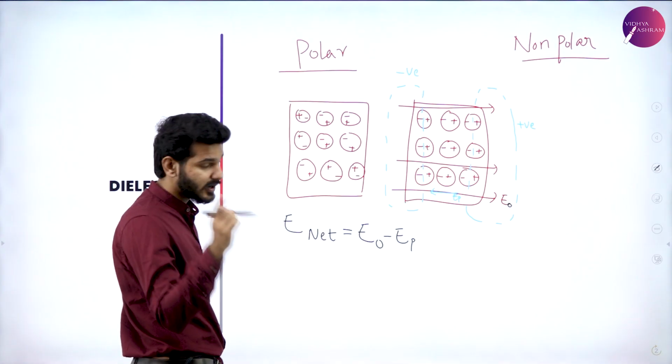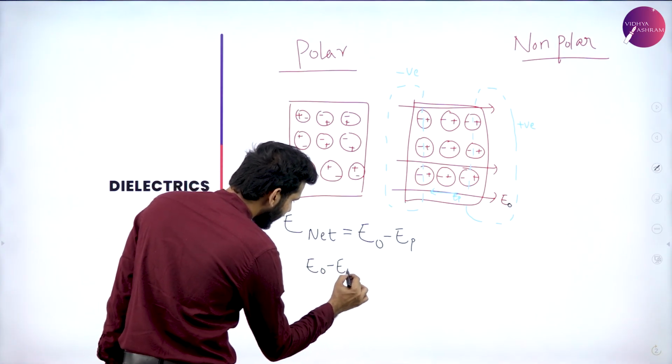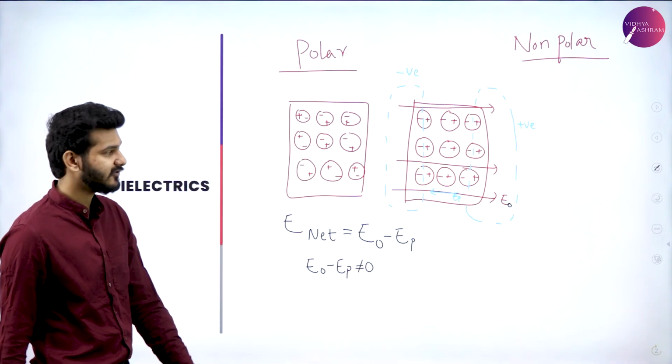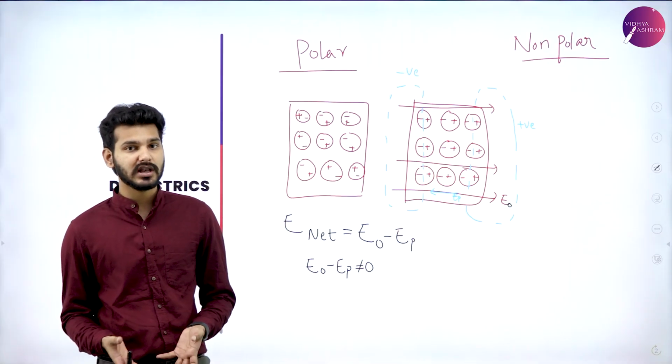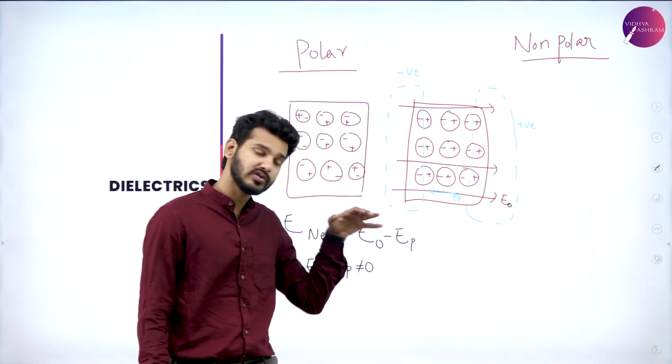And keep it in your mind, E0 minus EP is not equal to 0. There will be a net electric field because the electric field developed inside the dielectric is not strong enough to cancel out the external electric field, but it is strong enough to reduce it.